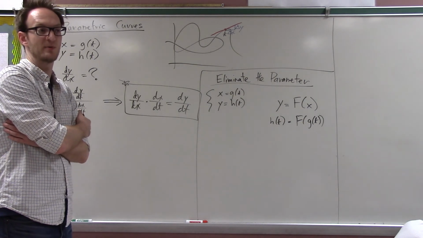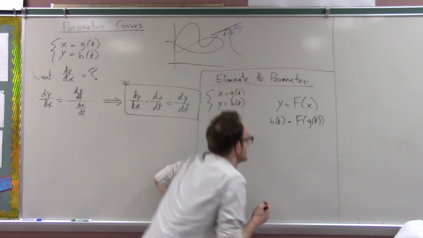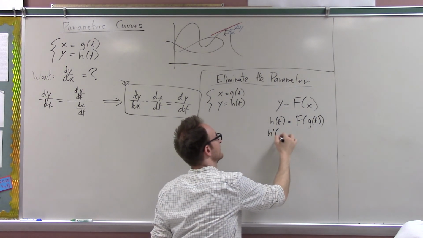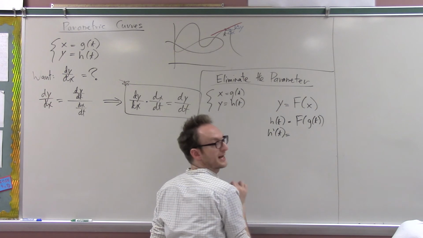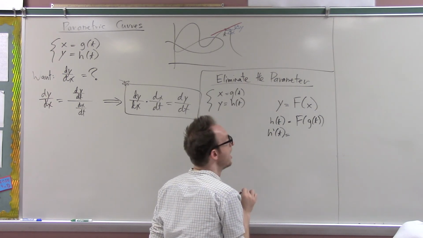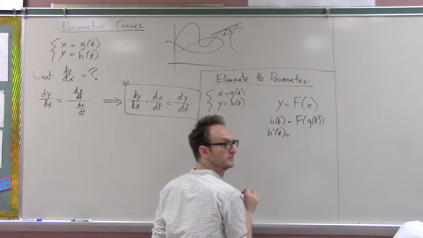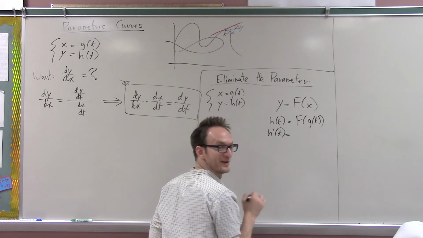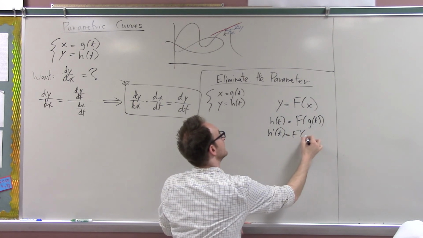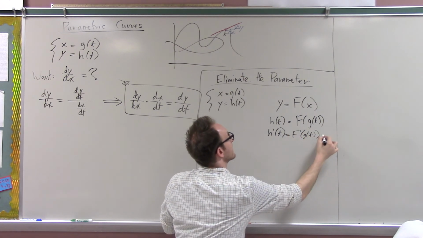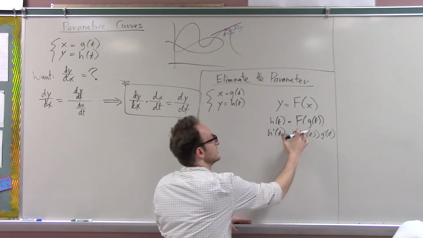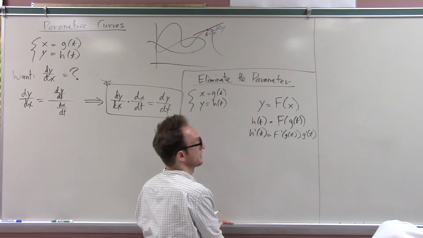Now if I'm differentiating with respect to t, on the left side I just get h prime of t, but on the right side, via the chain rule, I get f prime of g of t times g prime of t. It's really just the chain rule.